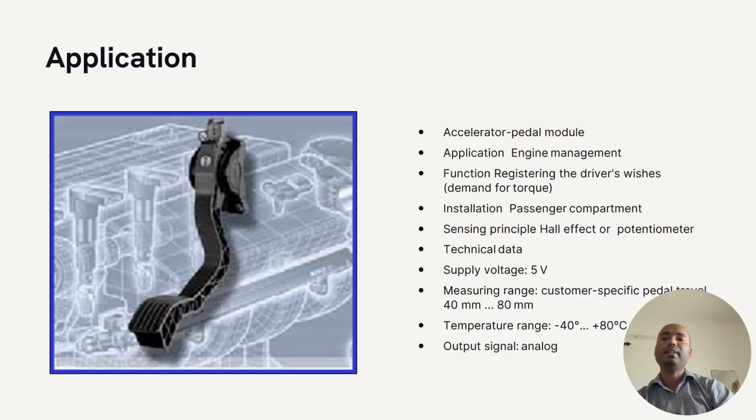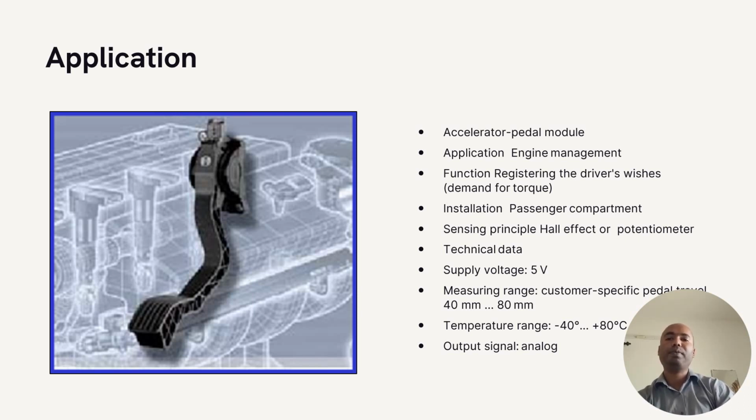Now the application of the sensors. The applications are the accelerator pedal, brake pedal, or throttle position. These are some of the applications of the sensors. The location is the engine management or the passenger compartment. The function is registering the driver's wishes, demanding power, torque, whatever it might be. So it must be installed in the engine compartment or the passenger compartment.